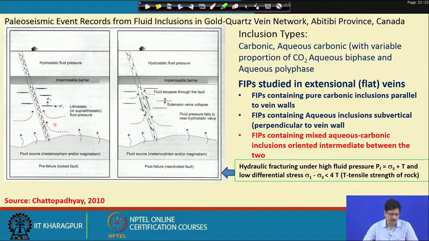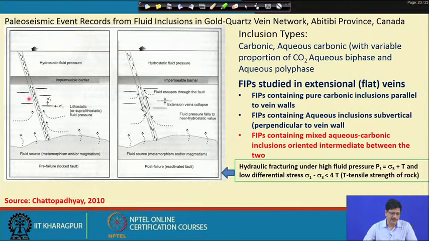Within that process the fluid pressure exceeds the lithostatic pressure, which is called supralithostatic pressure, developed to withstand the load of the overlying rock strata, and this particular structure is an unfavorable structure for the fluid to move through.